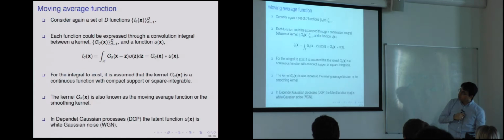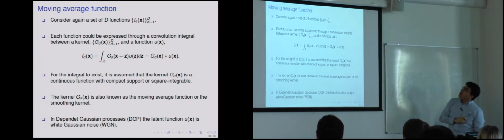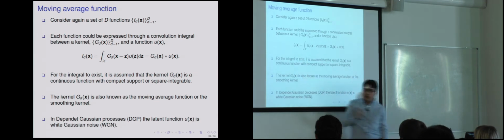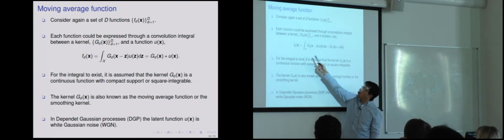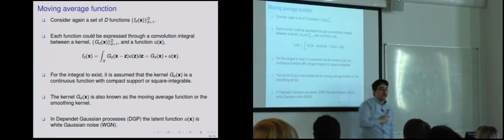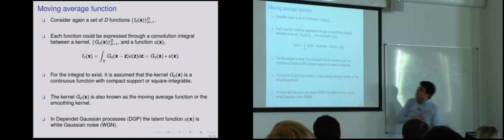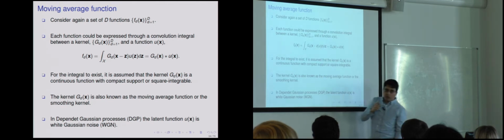Again, we have a set of these functions, and we are going to represent each of the functions as a convolution integral between a function G_d that we're going to refer to as a smoothing kernel, with a latent process u_c.